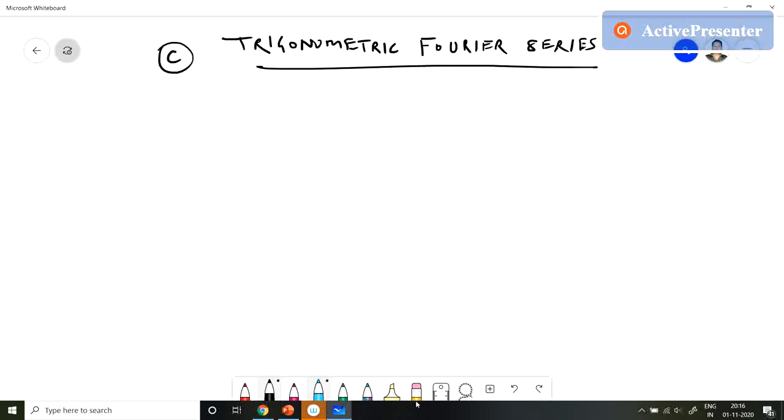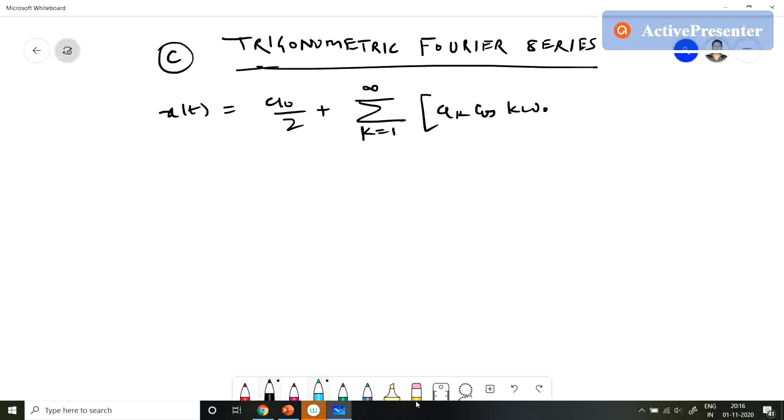Here we can write xt is equal to a naught by 2 plus summation k equals 1 to infinity of ak cos k omega naught t plus bk sine k omega naught t.